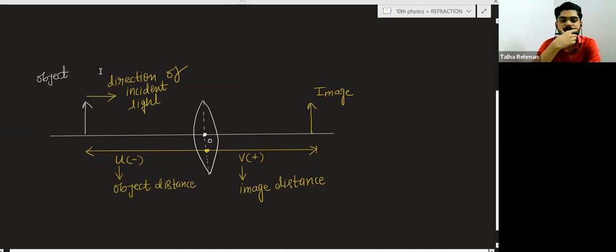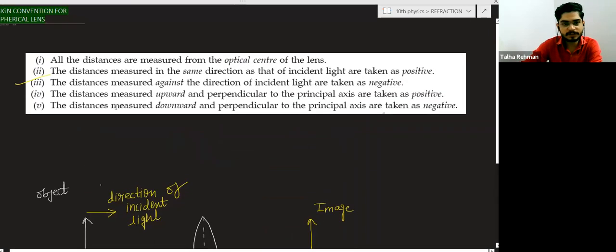Now, for the height of the object, if your object is above the principal axis, then you will take the height of the object as positive. You can see this point: the distance measured upward and perpendicular to the principal axis is taken as positive.